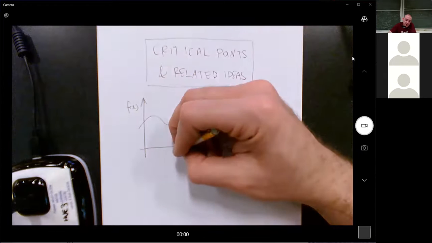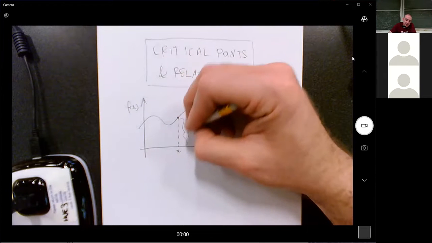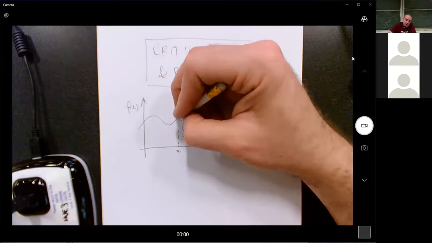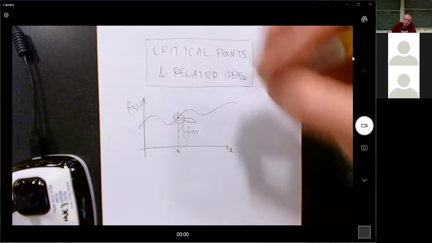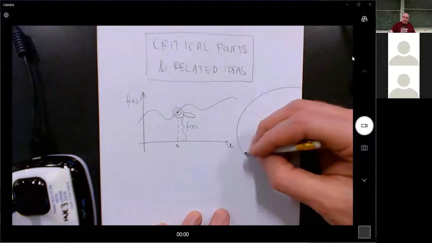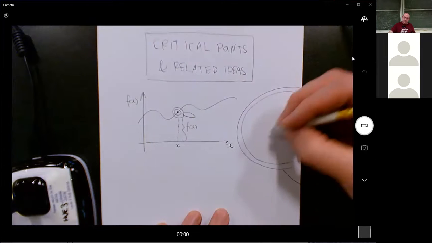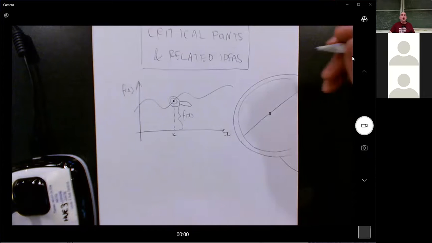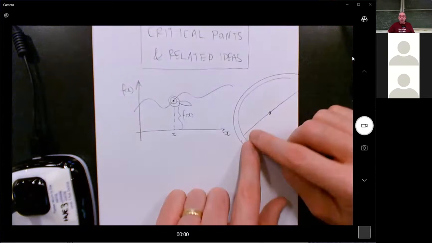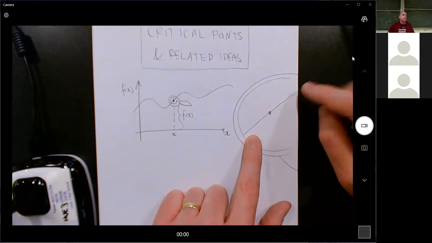So if you're here at this particular point x, and this height here is f of x, then when I zoom in with a magnifying glass on this section just here, it will look through the magnifying glass almost straight, and that slope is the derivative.